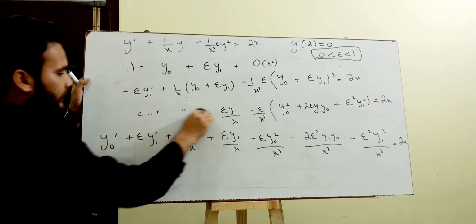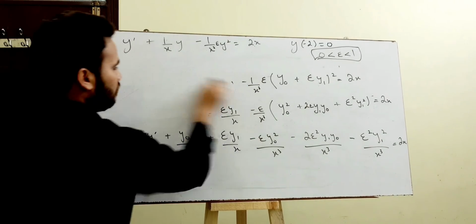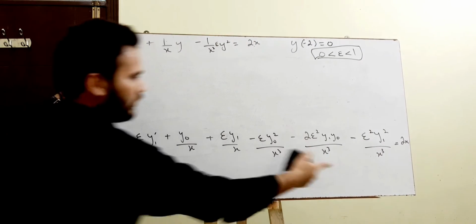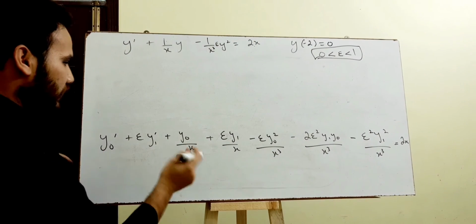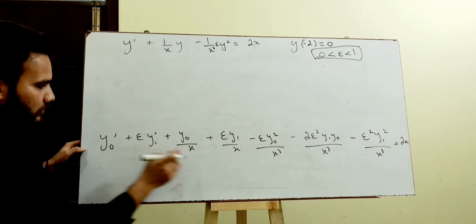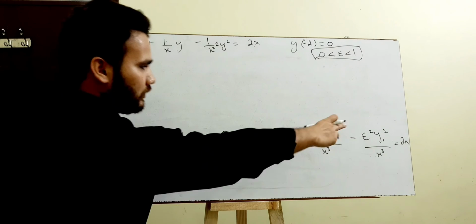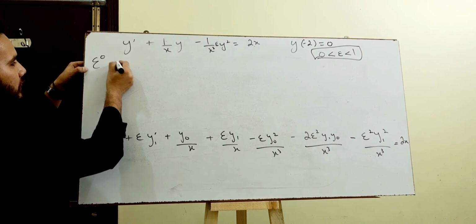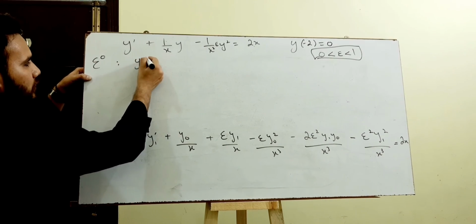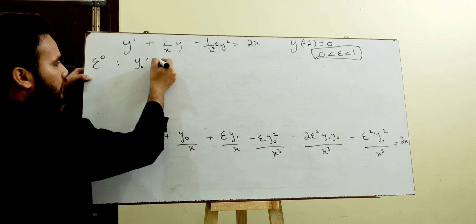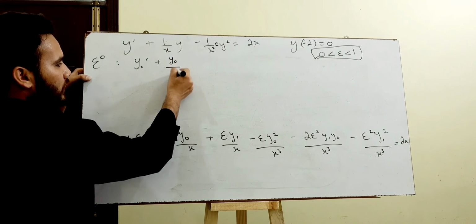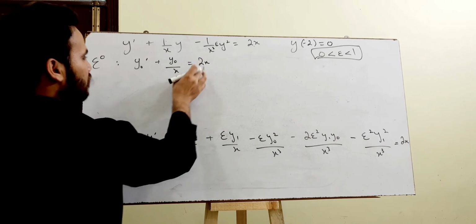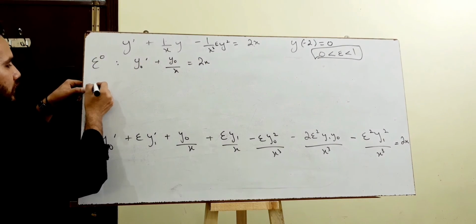So from these results I can see that the epsilon 0 equation will be y naught derivative plus y naught over x equals 2x. This is for epsilon order 0.